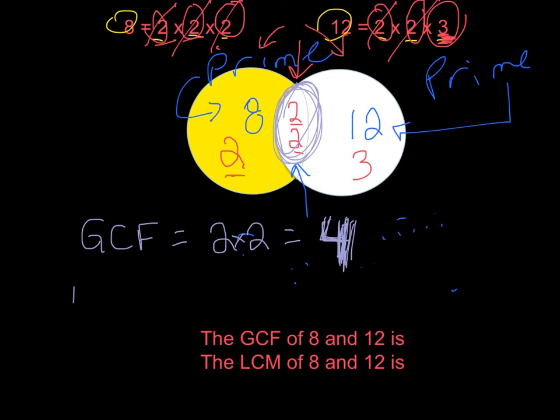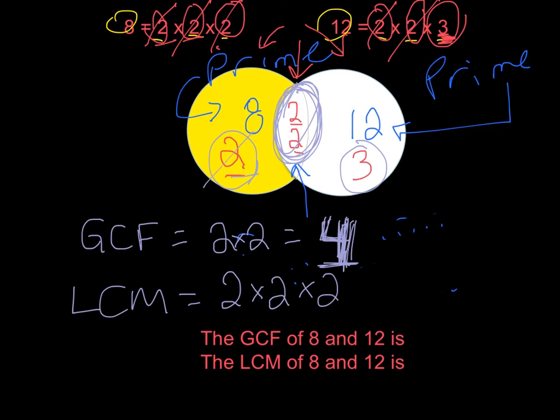Our lowest common multiple, and we know that this is our greatest common factor from before. Our lowest common multiple, we're going to figure out by multiplying all of these numbers together. So this 2 by these 2's and this 3. So it's going to be 2 times 2 times 2. And I like crossing things out when I'm doing it so that I know I'm not forgetting anything.